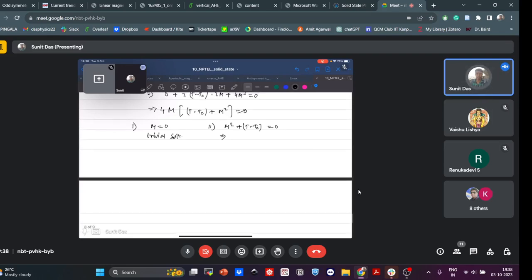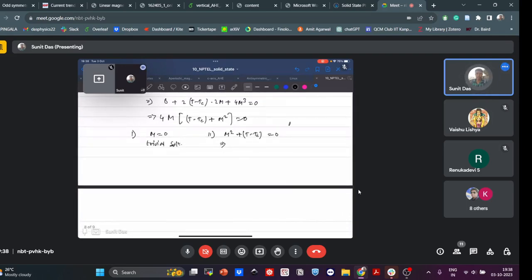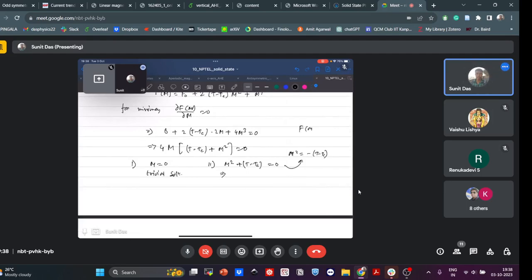Actually, you can question how m square can be equal to minus of t minus tc from this expression, right?